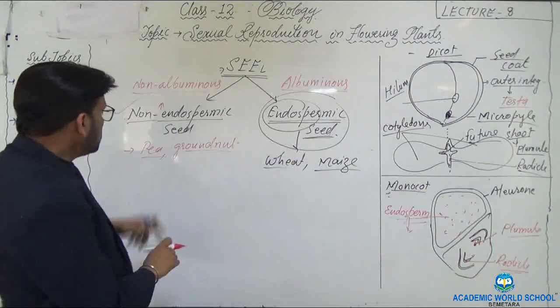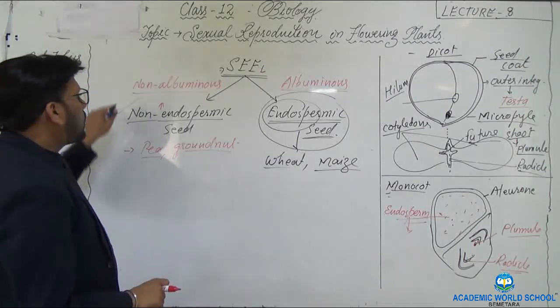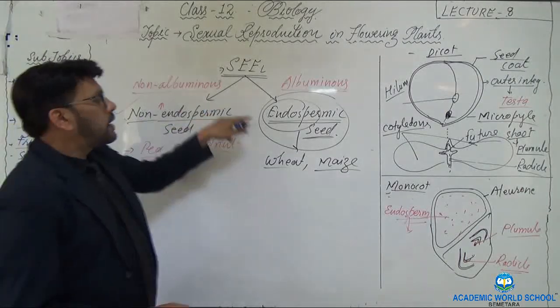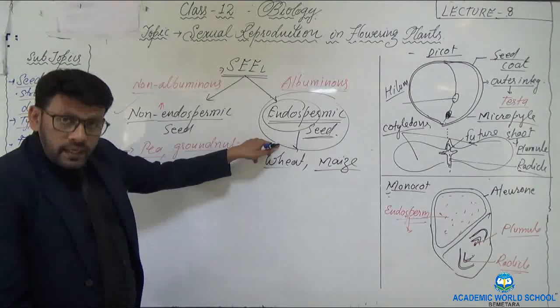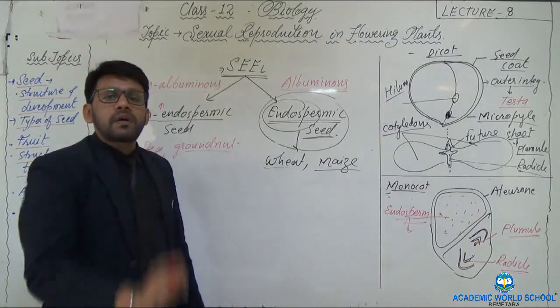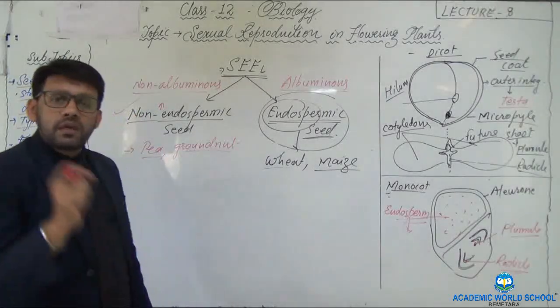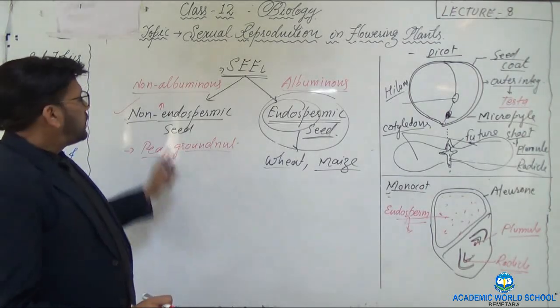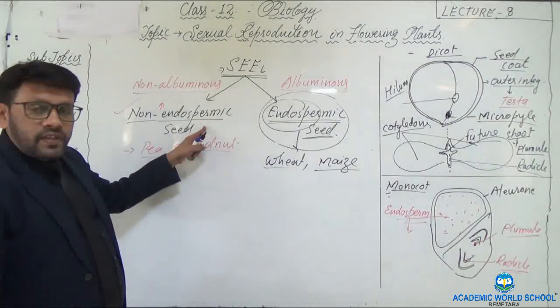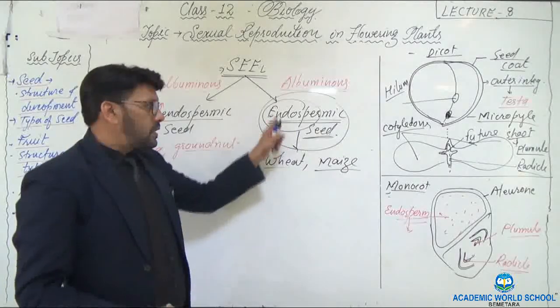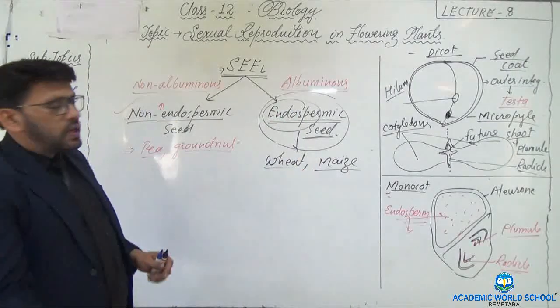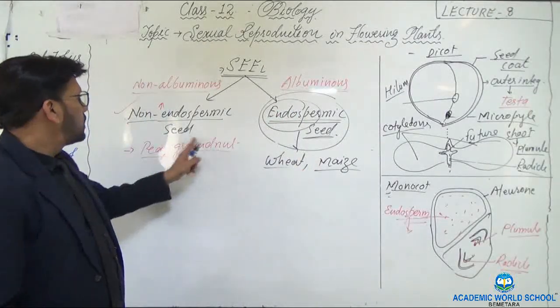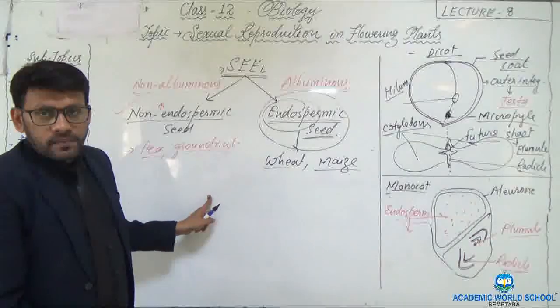Yes? Now all these are in terms of the consumption or presence of endosperm. If the endosperm remains, they are called endospermic. If it is fully consumed, they are called non-endospermic.